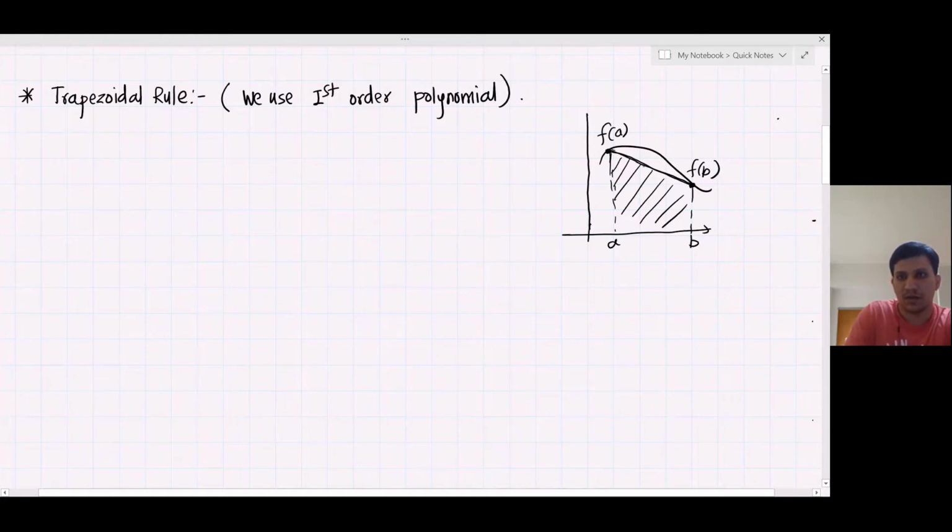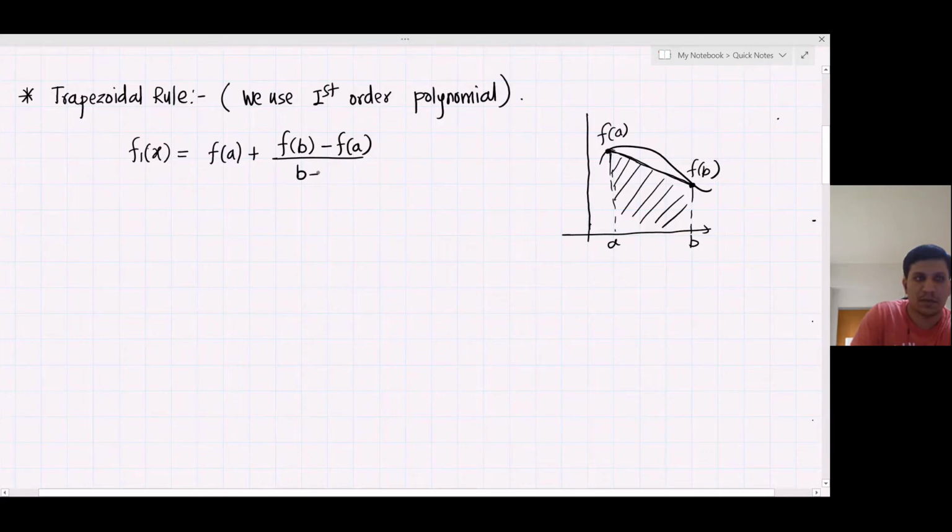So we fit the first order curve, that is the straight line. We can derive the formula for the straight line passing through these 2 points, and we can write that formula as f1 of x is equal to f of a plus f of b minus f of a upon b minus a into x minus a.